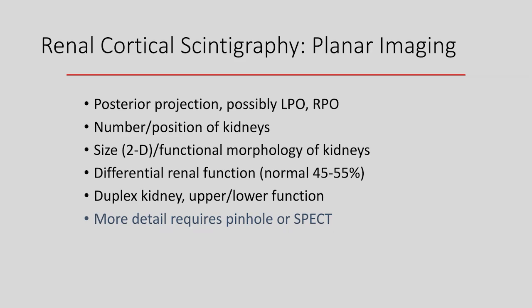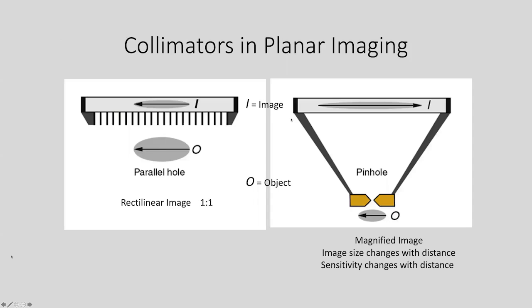It shows the differential renal function, which in the normal range is between 45 and 55%, right versus left and vice versa. It allows you to detect duplex kidneys, upper and lower function, and if more detail is needed, pinhole scintigraphy or SPECT are important to be able to clarify.